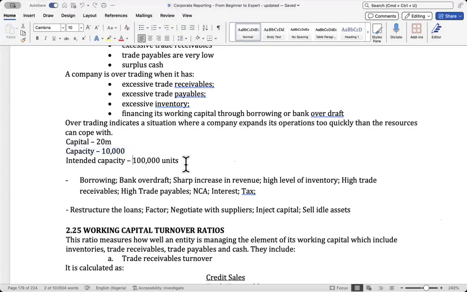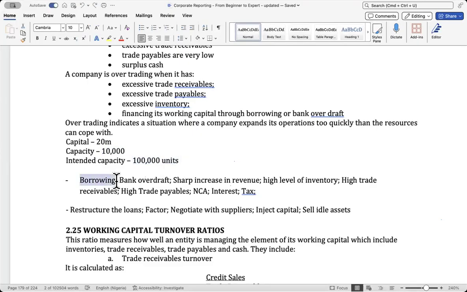But he went ahead and did 100,000. The capital he has can only do 10,000. So for him to have achieved this 100,000, a lot of things will have happened.